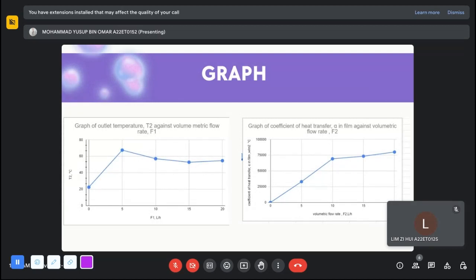This is a graph of the outlet temperature T2 against volumetric flow rate F1, and the second graph is the heat transfer coefficient in film against volumetric flow rate F2.